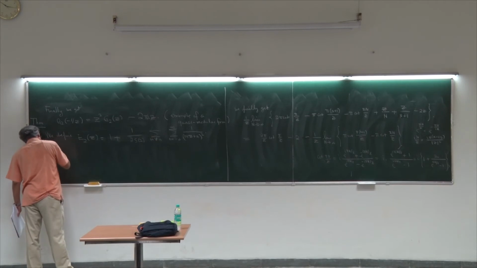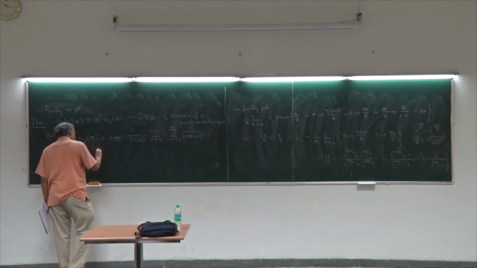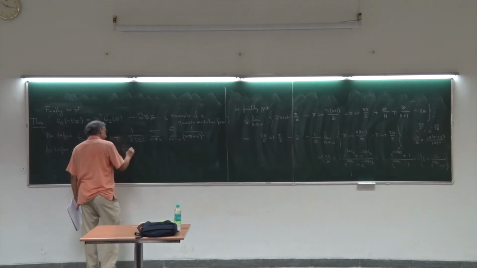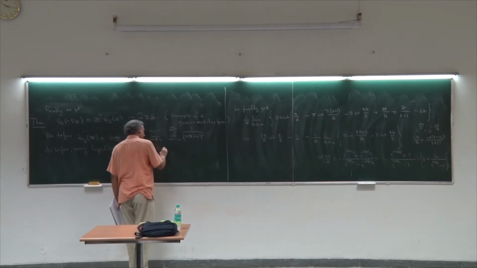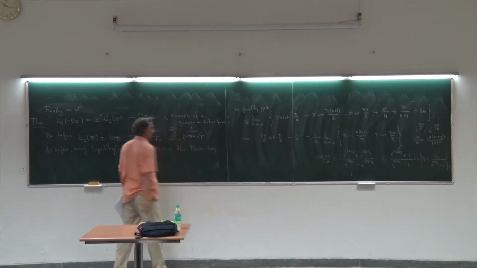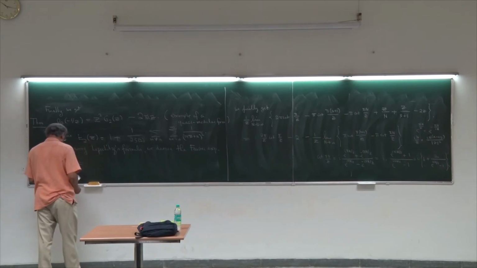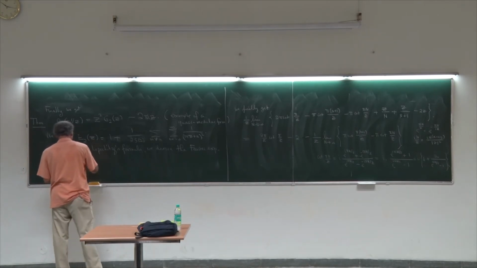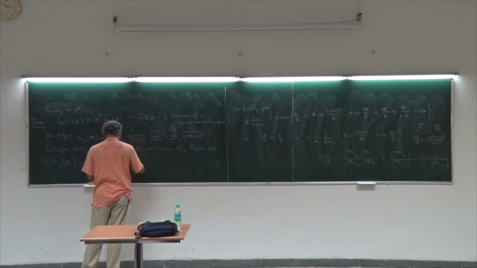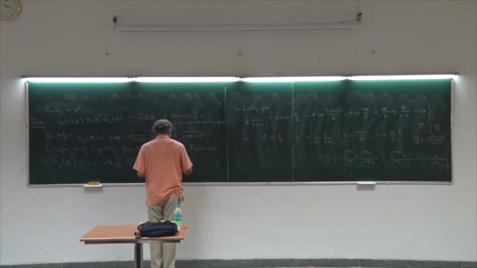So as before, using Lipschitz's formula, we derive the Fourier expansion of E2 and it turns out to be equal to 1 minus 24 summation n going from 1 to infinity sigma 1 of n. So sigma 1 of n is the sum of the divisors of n.